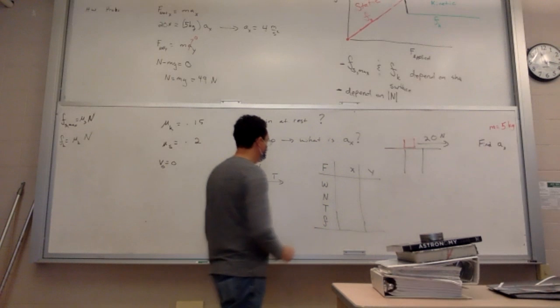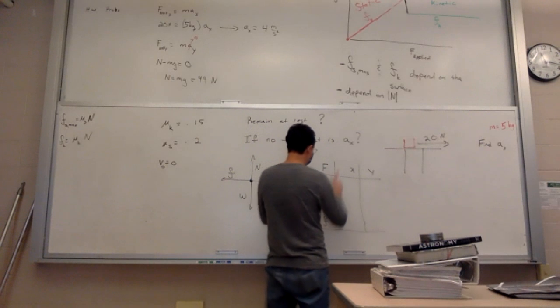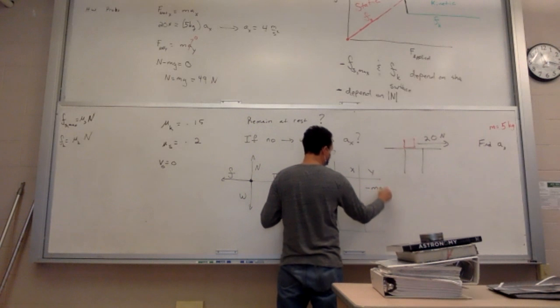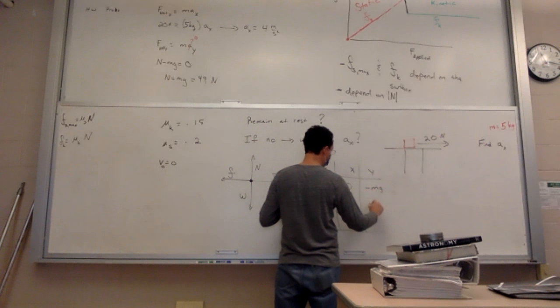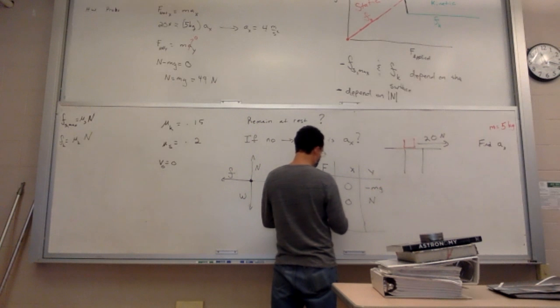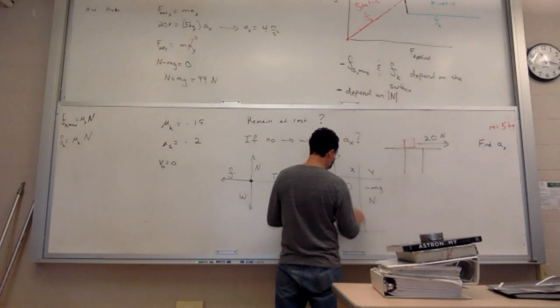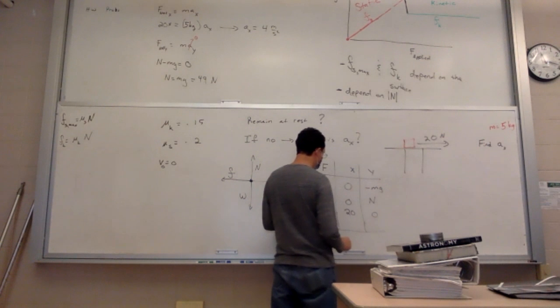The weight is only in the y direction, minus mg. The normal force is only in the x direction. The tension is still 20 newtons in the x direction, nothing in the y direction.